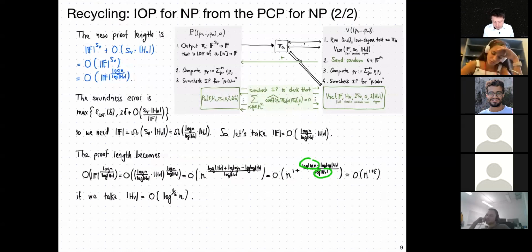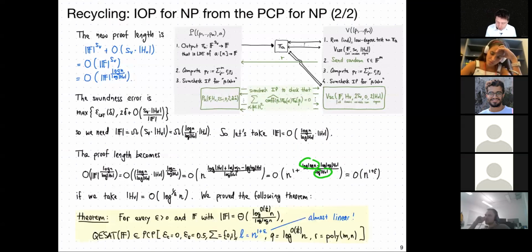Basically, the larger I make h_v, the smaller I make the proof length. That's a trade-off, and h_v also influences the query complexity. So overall, we've proved the following theorem: with a field of roughly this size, we can make the proof length n to the 1 plus epsilon, with a trade-off in the number of queries, which is going to be log to the 1 over epsilon.